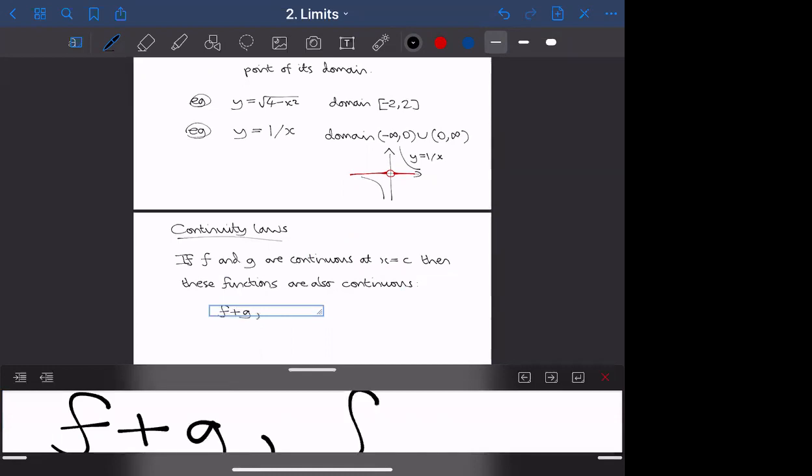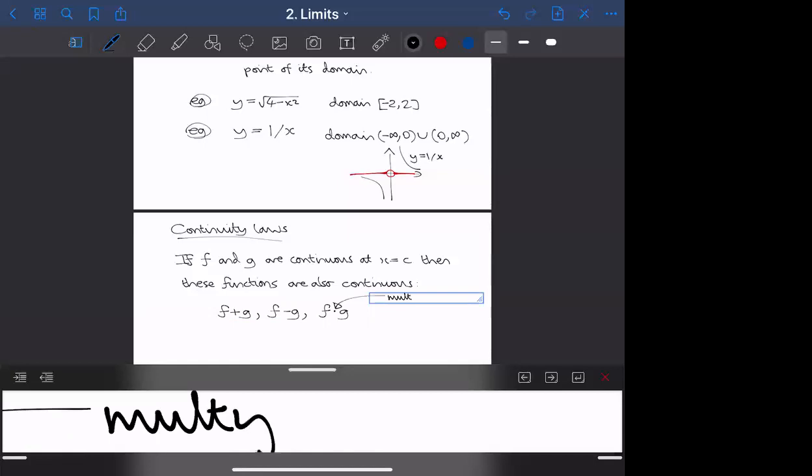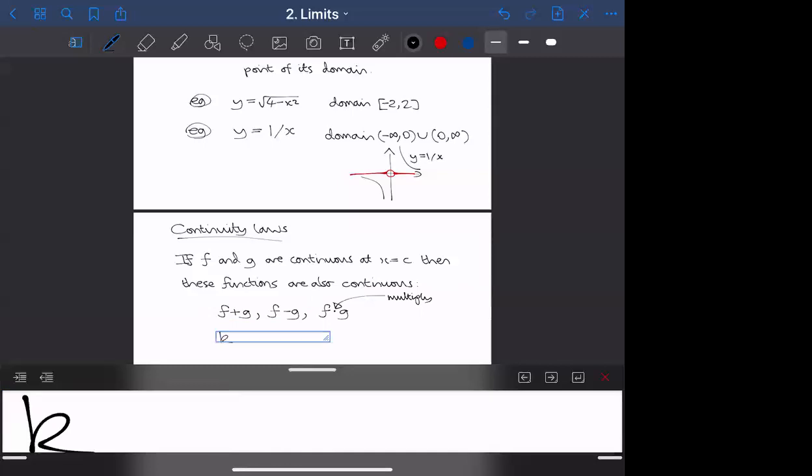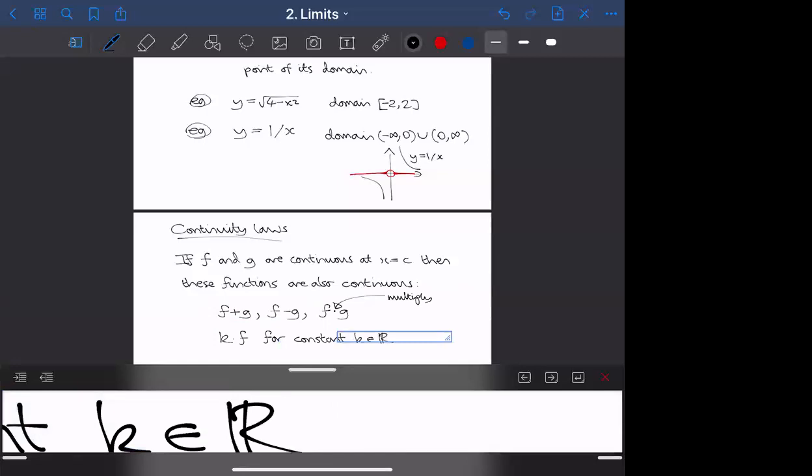So if I add the functions together, if I subtract them, if I multiply them together, remember this means multiply. If I multiply a function by a constant k, then that function is also continuous at x equals c.